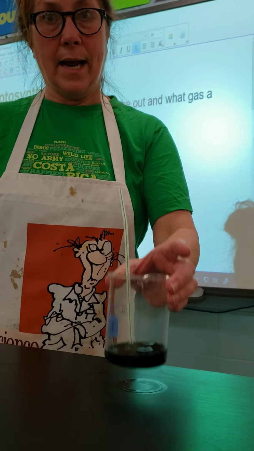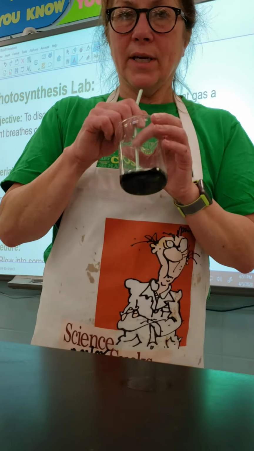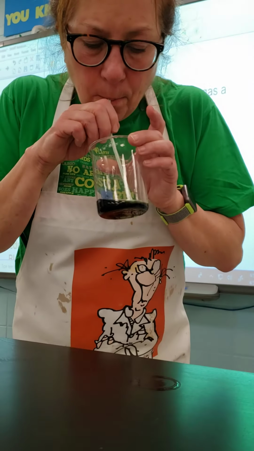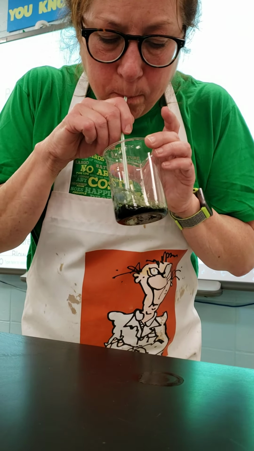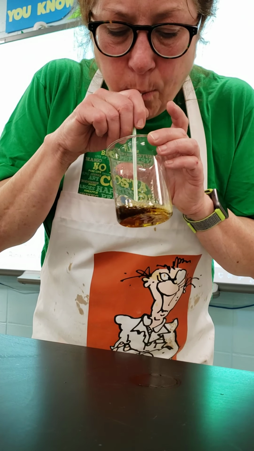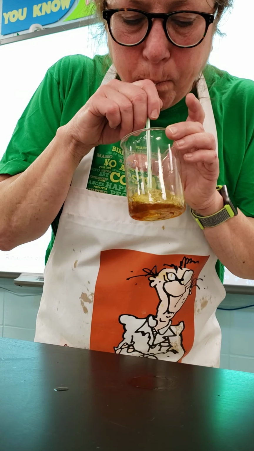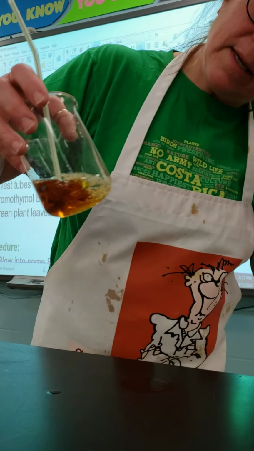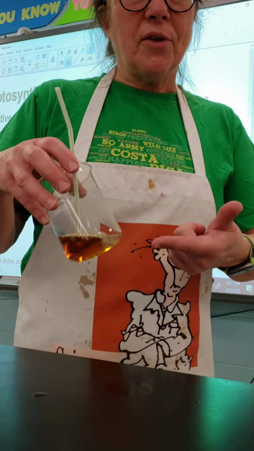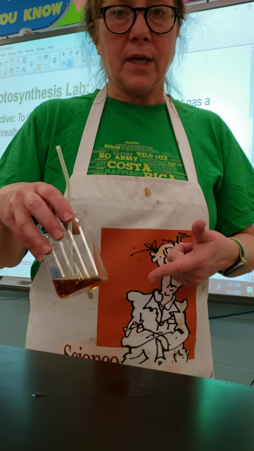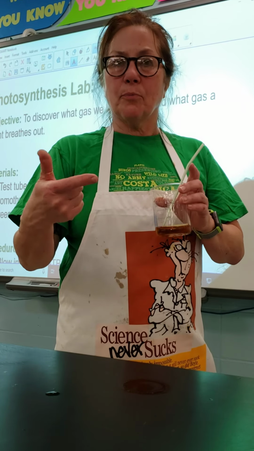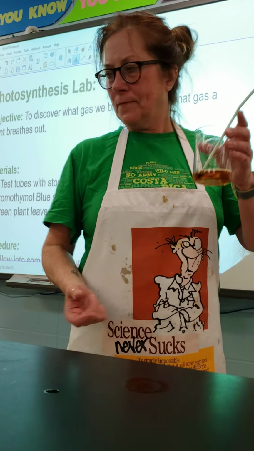Okay, so now, knowing that, I'm going to blow out into the BTB. Okay, so what color did it turn? Turned yellow. So if BTB turns yellow in the presence of carbon dioxide, then we must breathe out carbon dioxide, right?